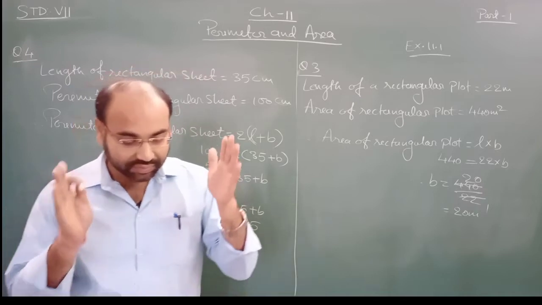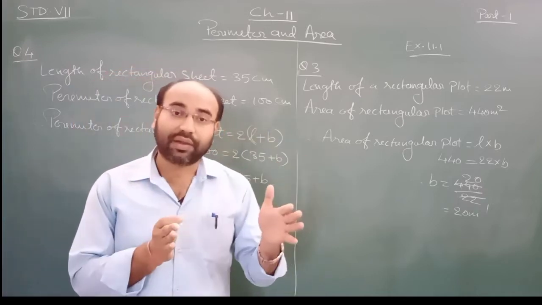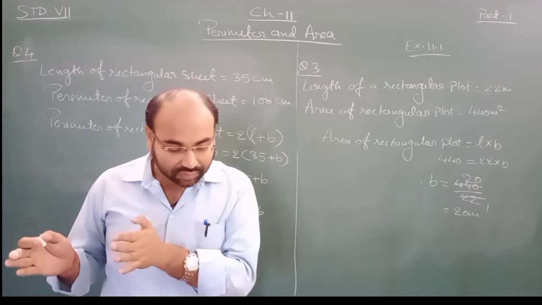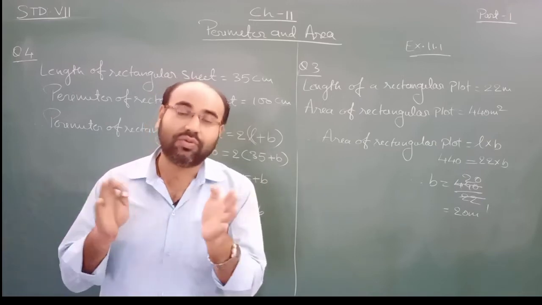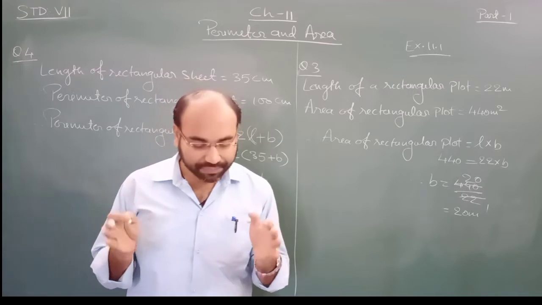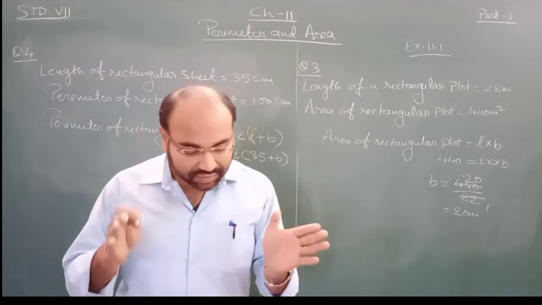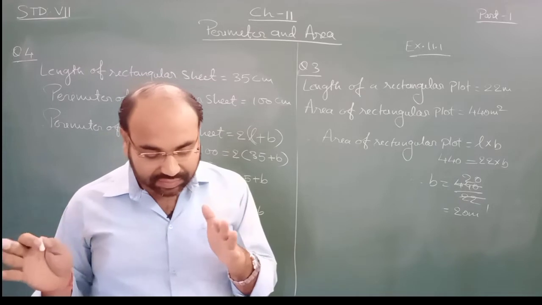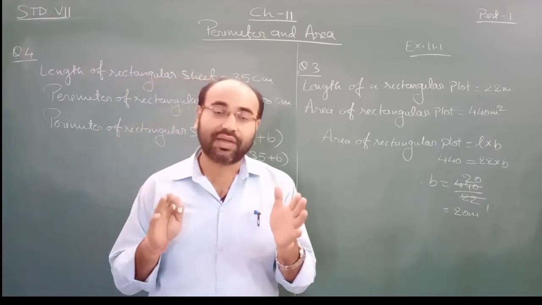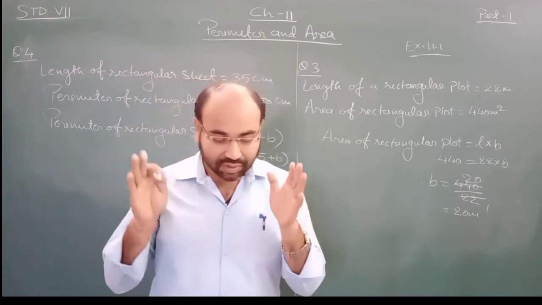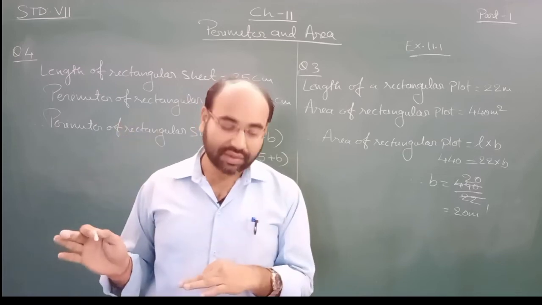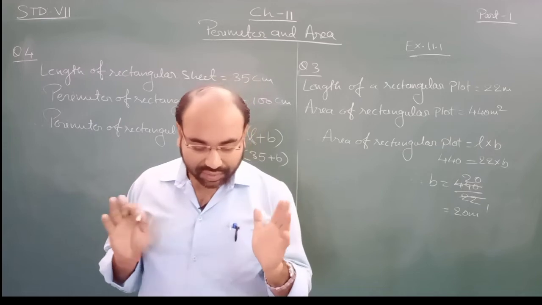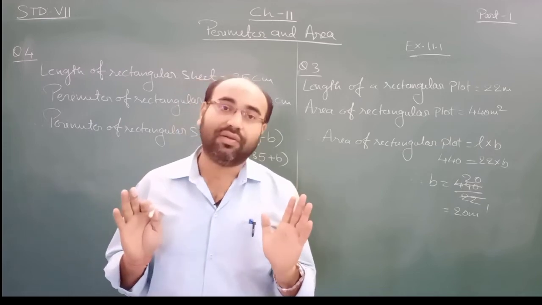Look at what has been said: area of square park is the same as the rectangular park, meaning the area of both is the same. That is given. If the side of square park is 60 meter and the length of rectangular park is 90 meter, find the breadth of the rectangular park. That we have to find out.